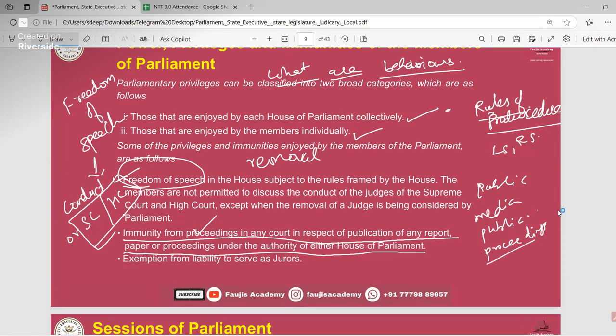The Parliament meets during 3 sessions a year, right? So whatever happens in the 3 sessions, or in the general meetings of those sessions, you can say it to the public, or you can reveal the reports to the public. That sort of immunity is given to you by the Parliament itself.